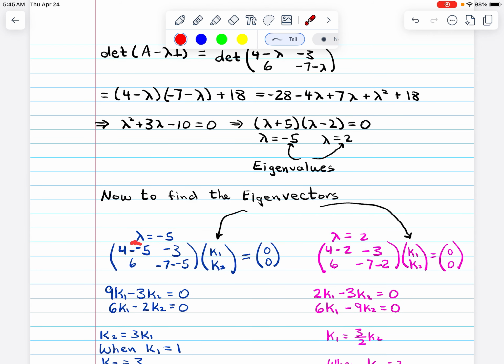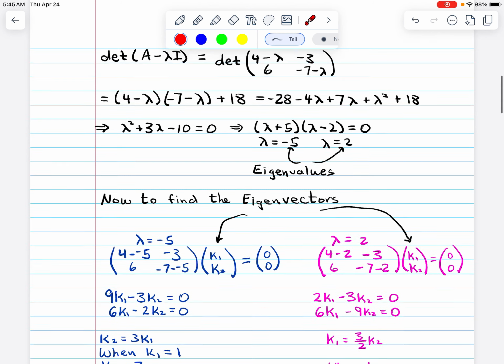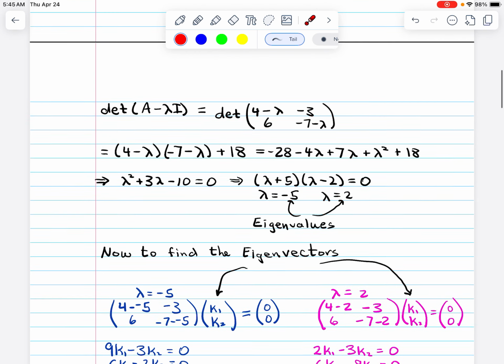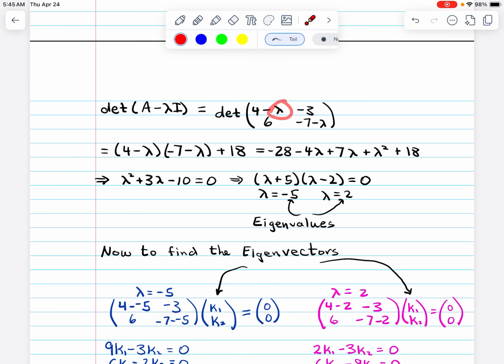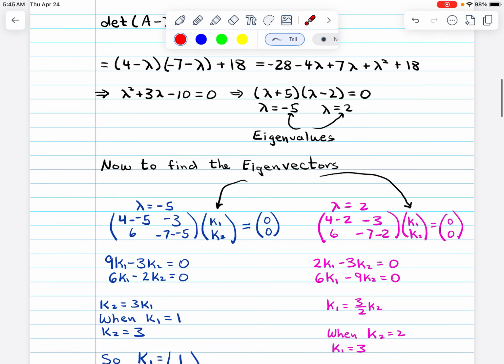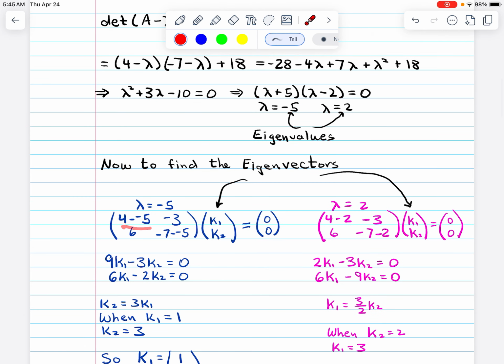So I'm going to let lambda equal -5 and plug back into A, or this thing right here. So I'm going to plug back in 4 minus -5, -7 minus -5. And I'm going to multiply that by K1, K2.